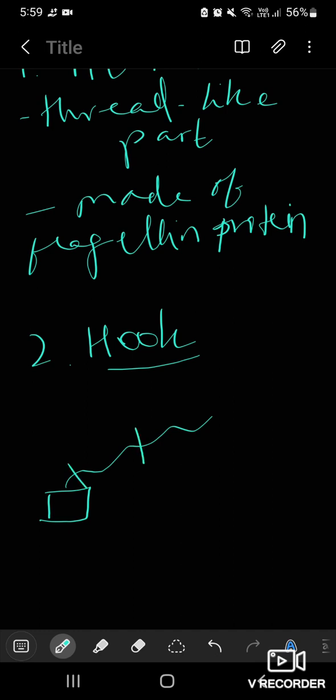This part is the filament, then we have the hook. Hook. So it's kind of like a hooked structure, or like a basal body. This part is filament, and this part is the hook.